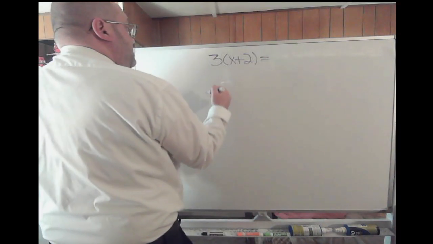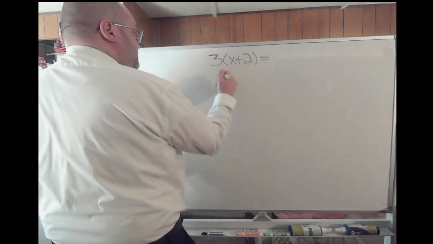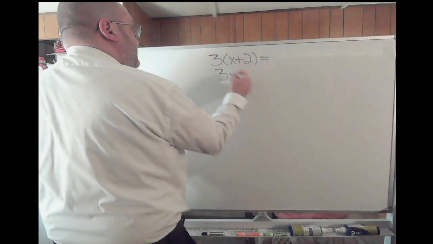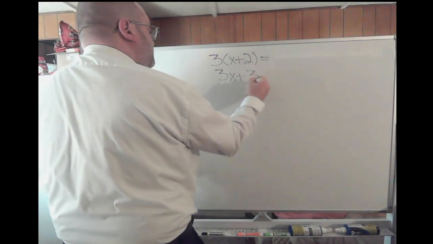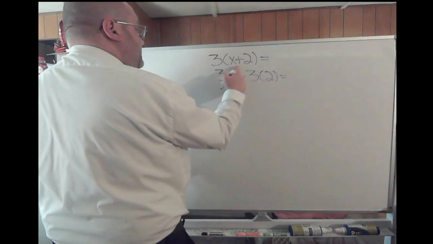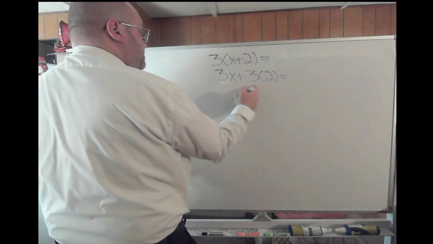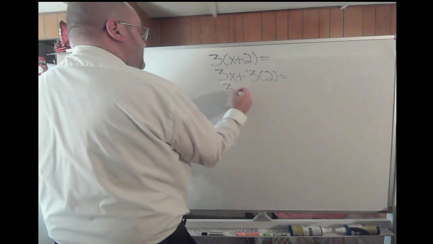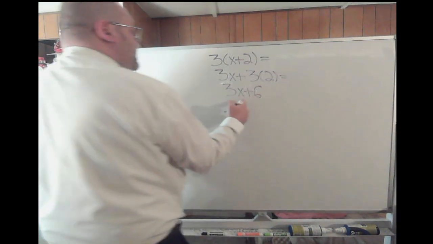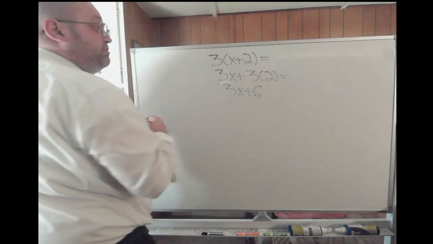Well, we got to take 3 times the first term, x, which would just be 3x, plus we have 3 times 2. So we have 3 times x plus 3 times 2, which would equal 3x plus then 3 times 2, that's 6. So the answer you would get is 3x plus 6.